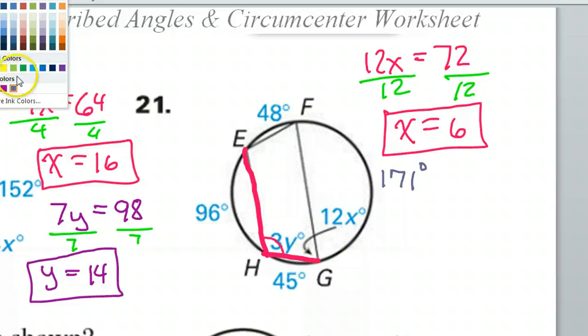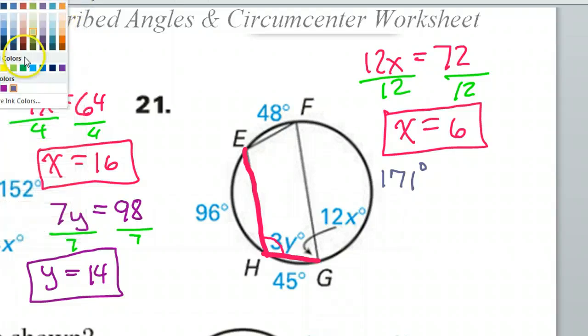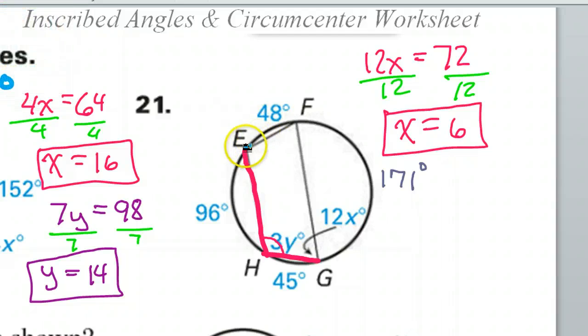And the intercepted arc is this one. Alright, now this blue arc is the 171 that we just found plus the 48. Those are the two arcs that make this blue arc.